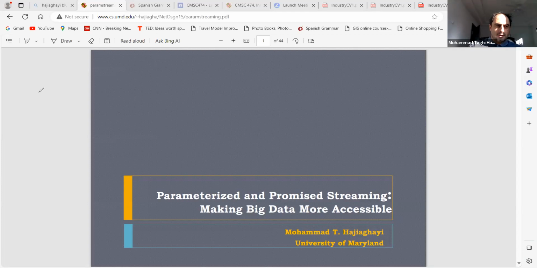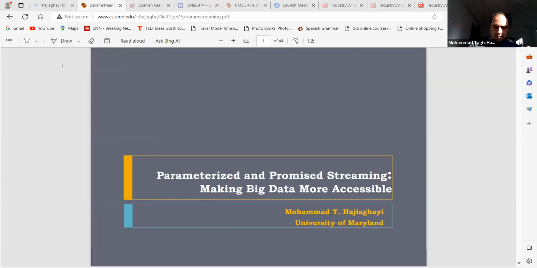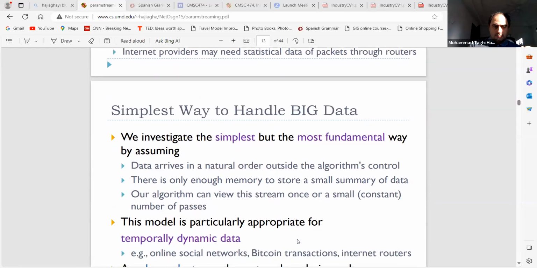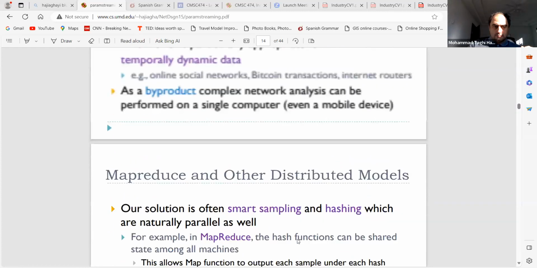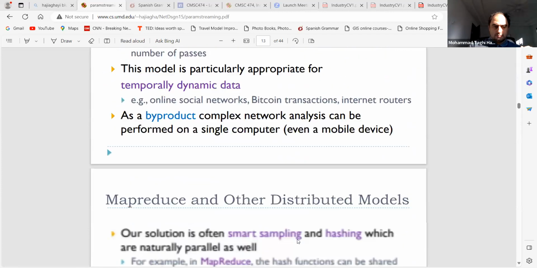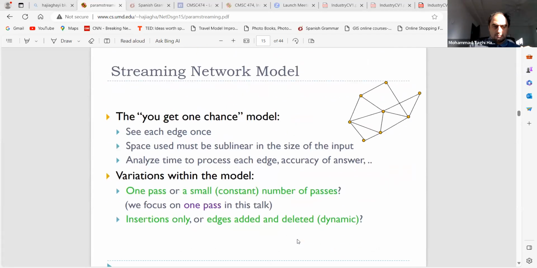And here there are two ideas. One is that if you have some promised streaming. So here, essentially, there were two versions that we have considered.